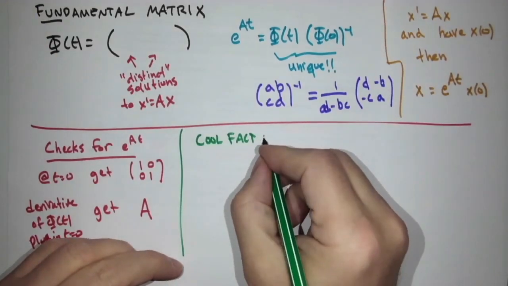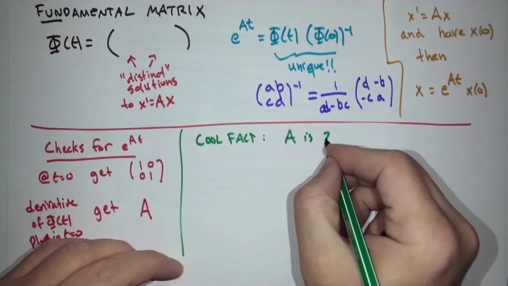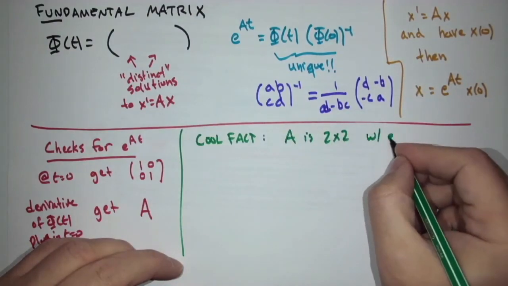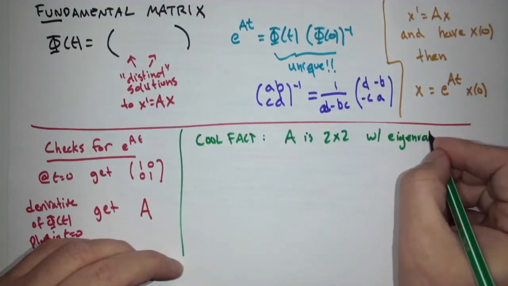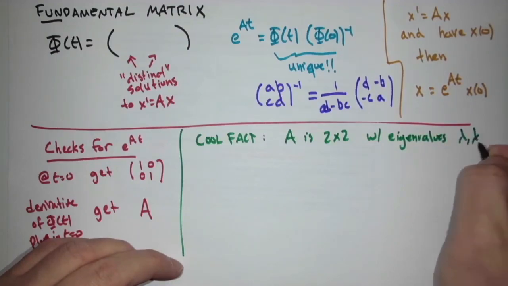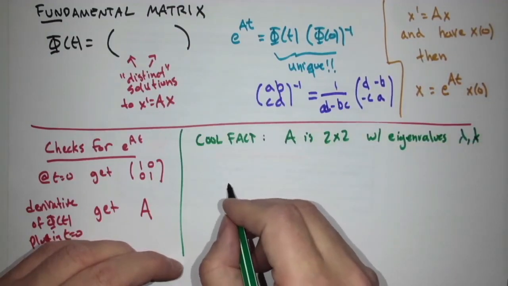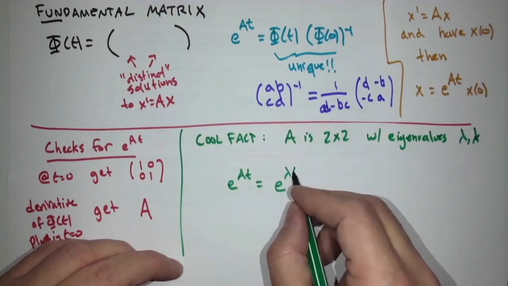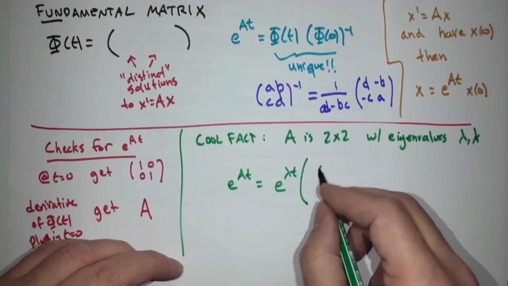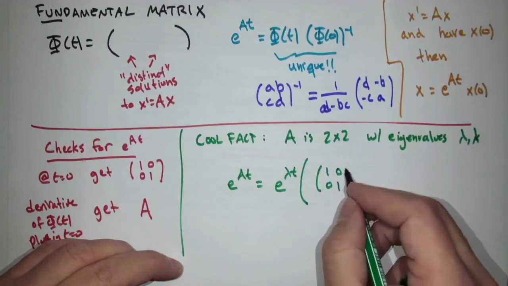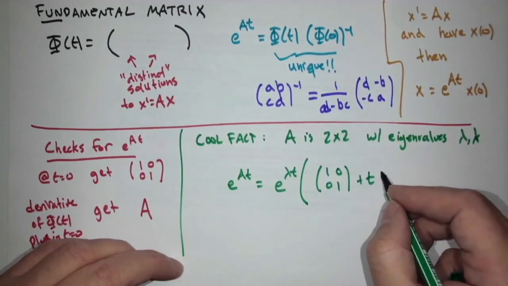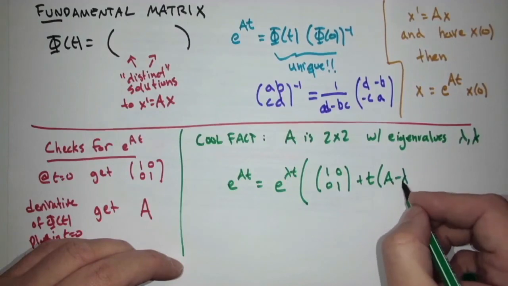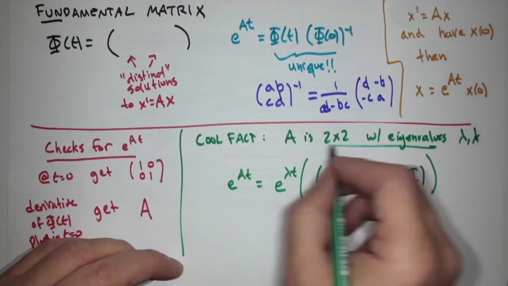So if A is 2 by 2, and the eigenvalues are lambda, lambda, so it has to be repeated eigenvalues, then e to the at is equal to e to the lambda t times the identity matrix plus t times A minus lambda I. That's it.